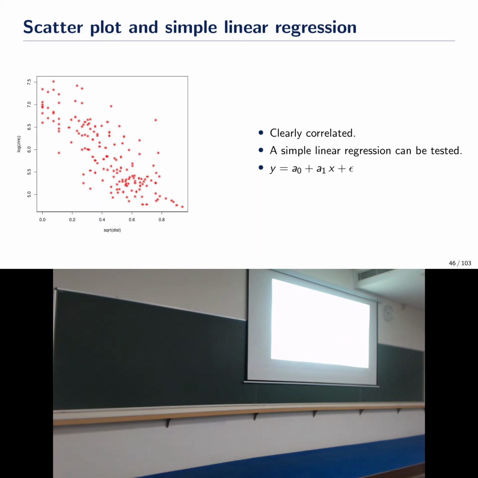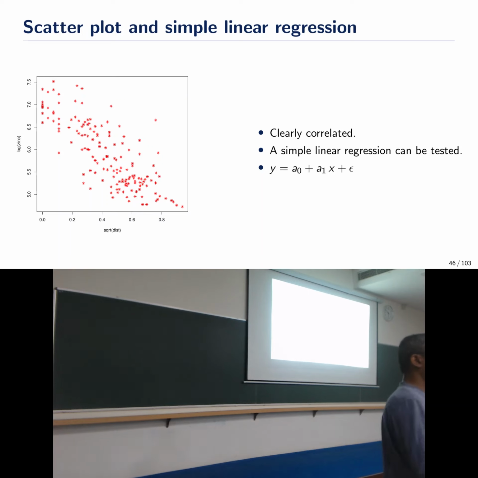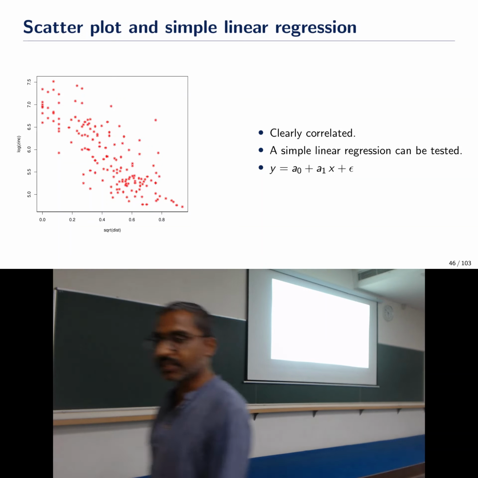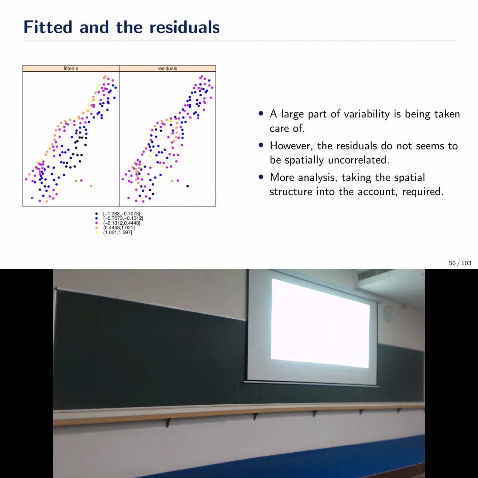So I did that, and what do I do next? After you fit a simple linear regression, you analyze the error, right? You try to know whether the fit is good or not. When you analyze the error, I again used what I had just learned, the spatial plotting. That's the only thing I could learn all these times. I have the error and the corresponding spatial information, and I plotted two things, the fitted values and the residuals.